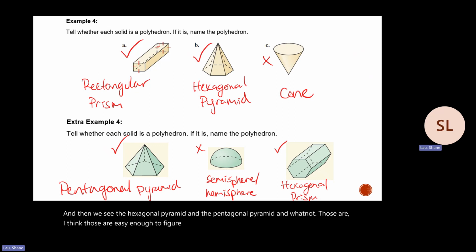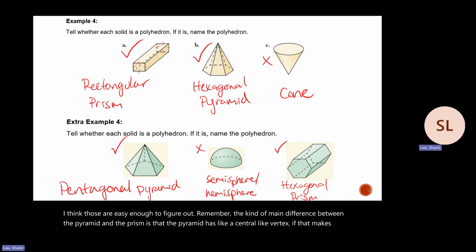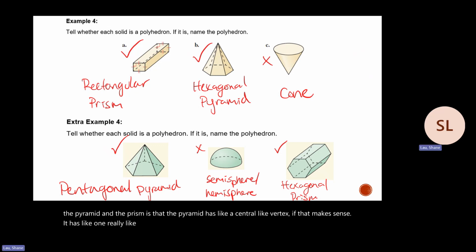Okay. Remember the main difference between the pyramid and the prism is that the pyramid has a central vertex, if that makes sense. It has one really pointy part that multiple faces go towards.